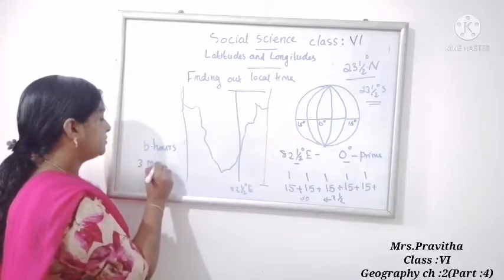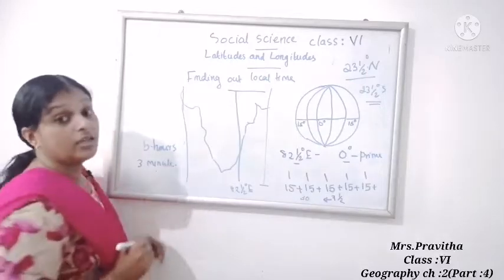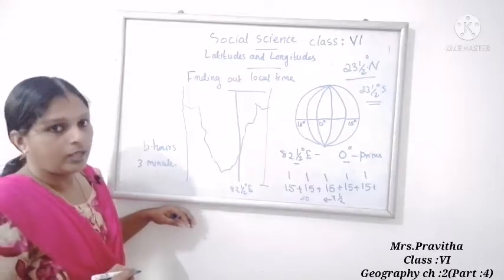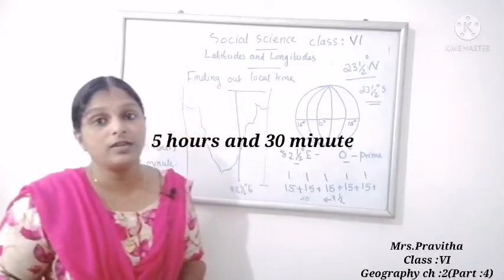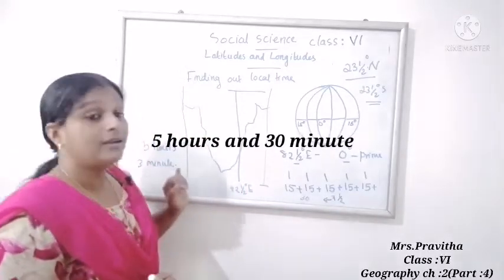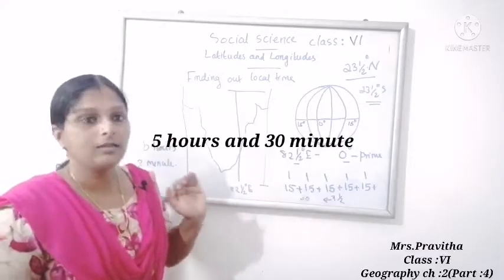This is the difference between Indian time and Greenwich time. So don't forget, children, the time difference between India and London is 5 hours and 30 minutes.